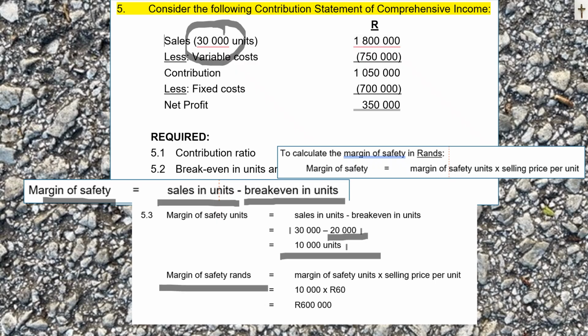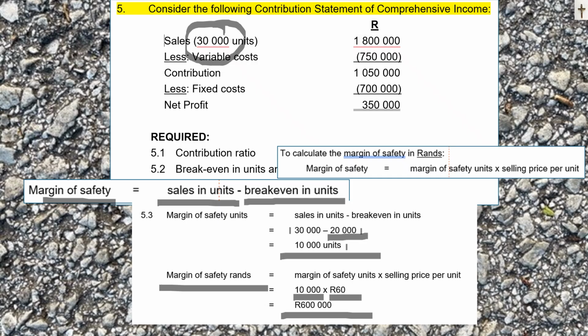What is the margin of safety in rands? We take the number of units that we just calculated, the margin of safety units, and we multiply by the selling price of 60 rand, and that's 600,000.